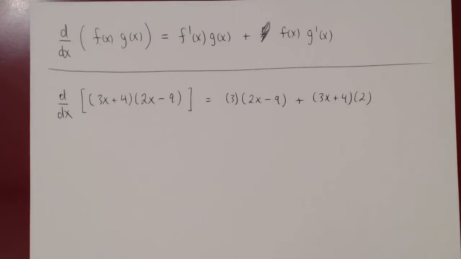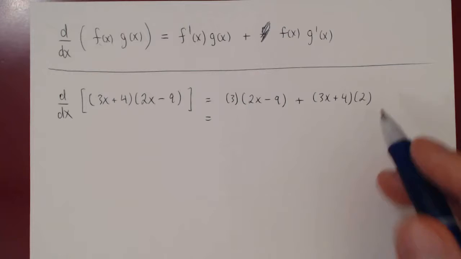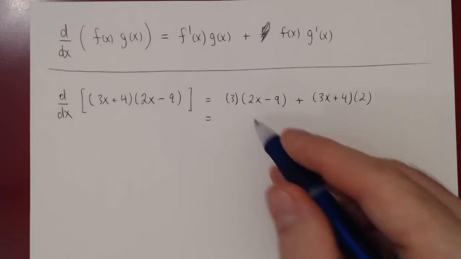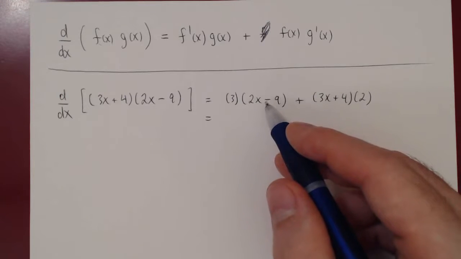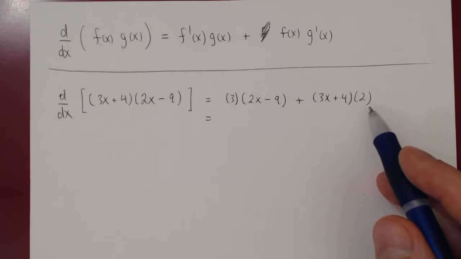If we want, we can simplify the expression by multiplying through and regrouping powers of x and constant terms. If you look at both terms here, there are no common factors.